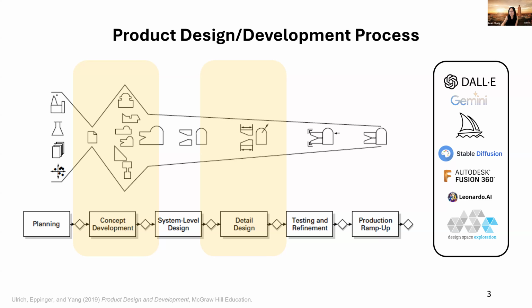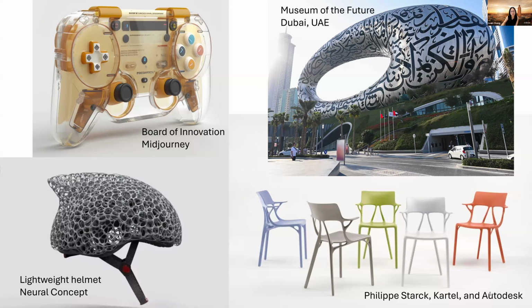I'm going to talk a little bit about how I would like to take this beyond these two phases of the design process. But this is a background on what AI research has been within engineering design. Here are some examples of what an AI can do in the design world. As you can see, there are a lot of cool architectural designs and gaming consoles and chairs and helmets.